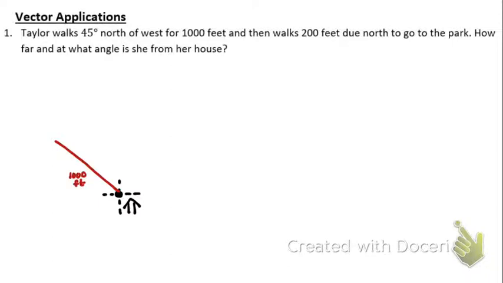And when it says north of west, north of something means I would have to start from somewhere and then go to the north, right? North of this. So they're telling me that this angle right here is 45 degrees. That is north or above that west line.